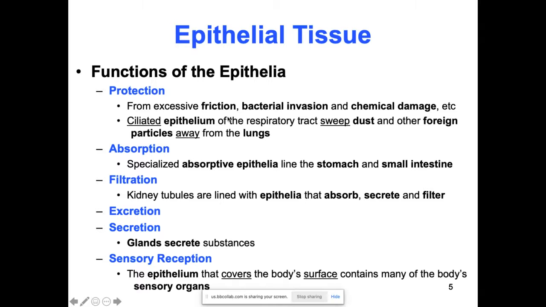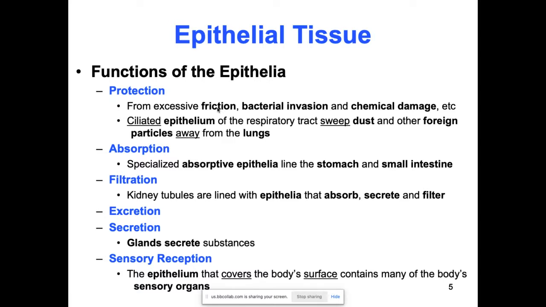When we talk about protection, we're thinking of the skin, right? We don't want something rubbing up against the skin that, let's say you had an itch and you wanted to scratch your forearm. It has to have many, many layers of epithelium, because if it only had one layer, once you scratched yourself, your nails would peel off that top layer and you would be bleeding, wouldn't you?